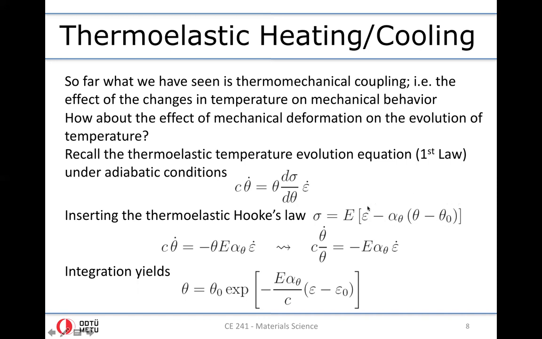Therefore, stress is not only dependent upon the mechanical strain, but also the temperature. Then you can take this derivative because your stress is a function of temperature. When you take this derivative for this constitutive equation and plug it into the first law, you obtain this. This equation actually says, in the first place, what we have observed in the initial slides. So heat capacity is always positive, right?